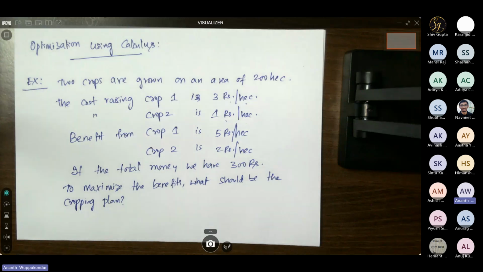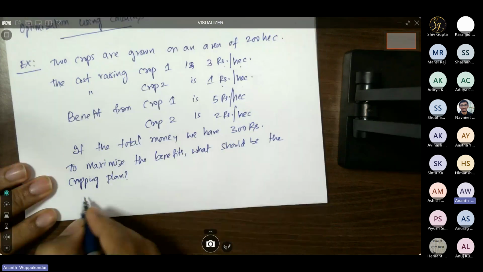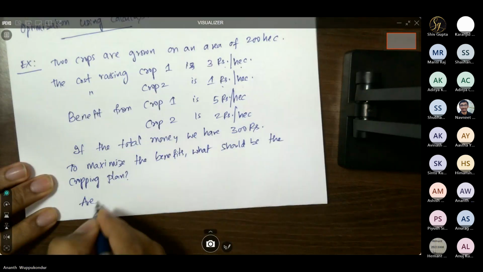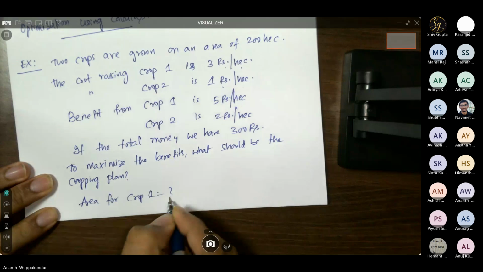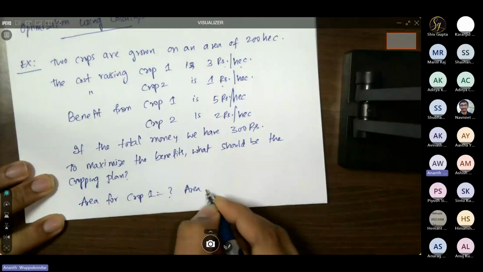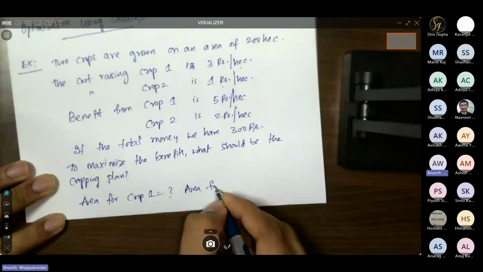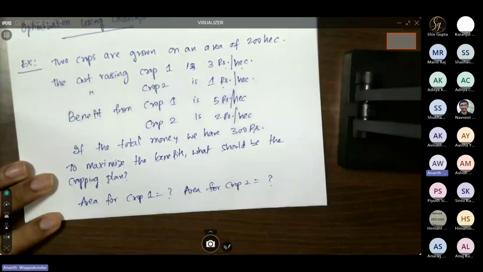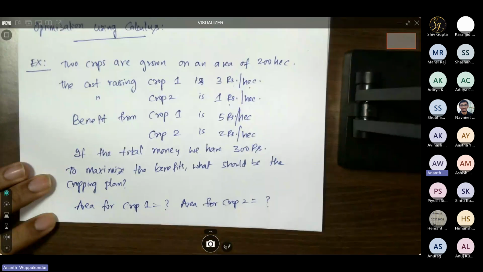Here the problem is, if we have 200 hectares, what should be the area for crop 1 and what should be the area for crop 2? These are the two unknowns that we need to find out, and they should be such that we get maximum benefit.